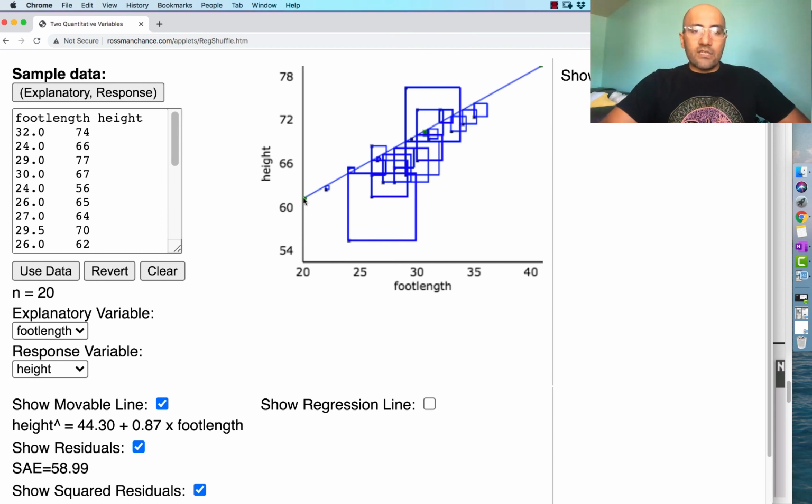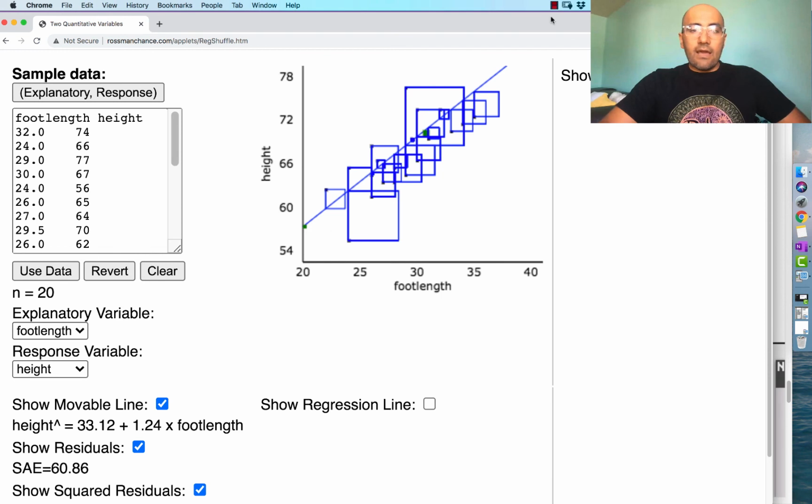This one versus, let me move it around, how about this one? This line here could be a pretty good guess, and it results in all of these little squares. I add up the area of all those squares, and the sum of those areas is how I qualify it. Currently, they add up to 60.86, right?